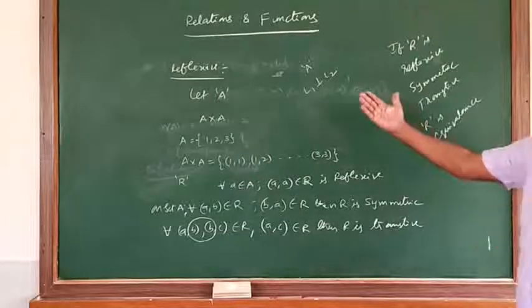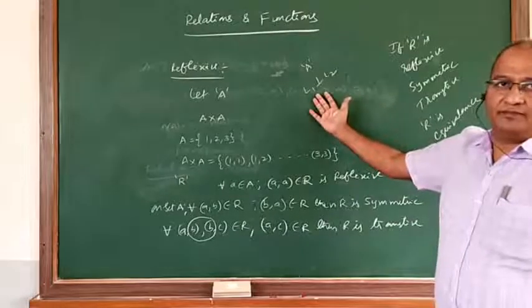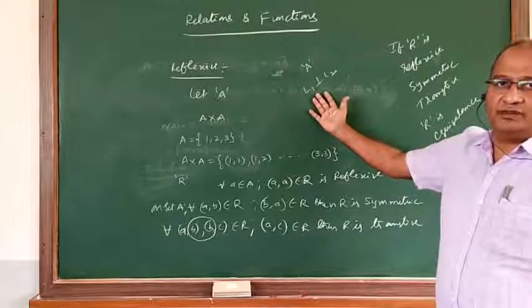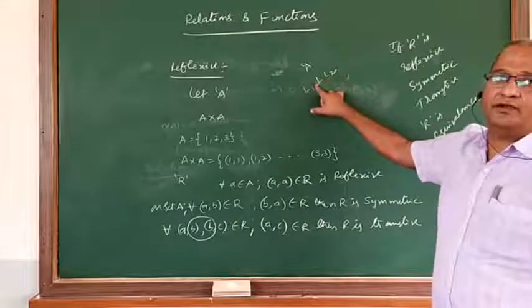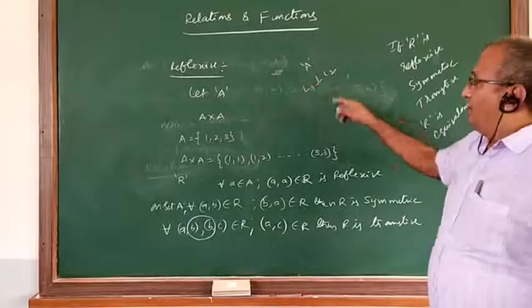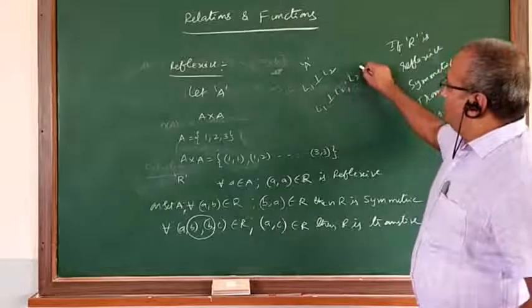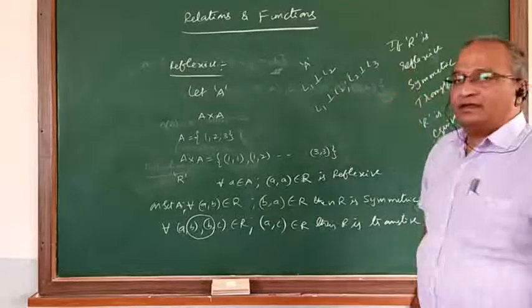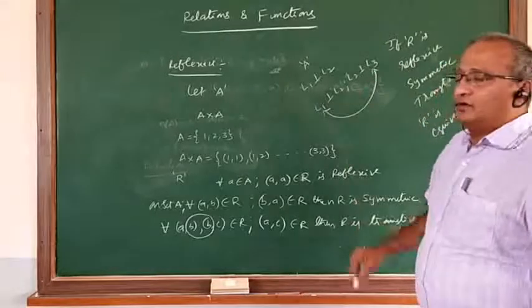So when you come to this one, a line itself is not perpendicular to itself, so it is not reflexive. If L1 is perpendicular to L2, then L2 is also perpendicular to L1. So it is symmetric. If L1 is perpendicular to L2, L2 is perpendicular to L3, then L1 is not perpendicular to L3.